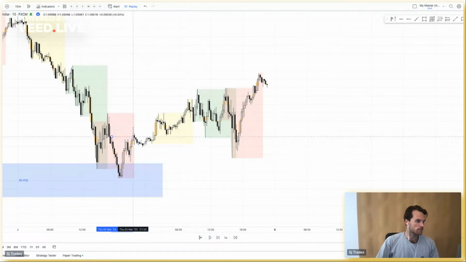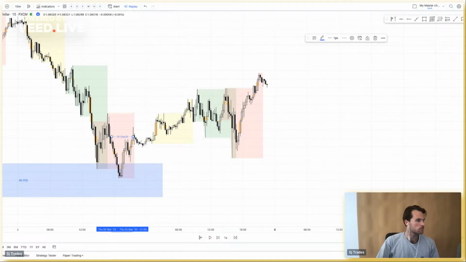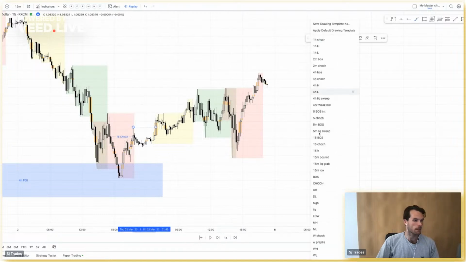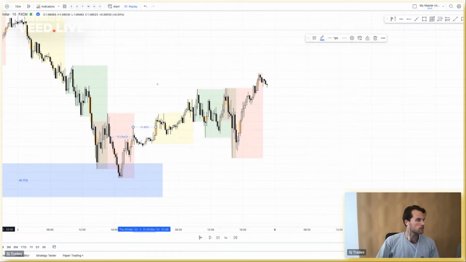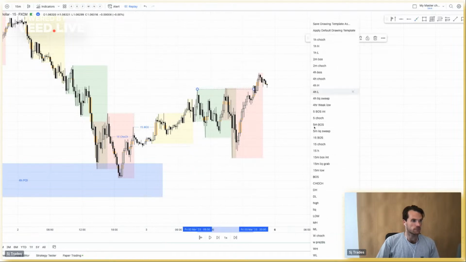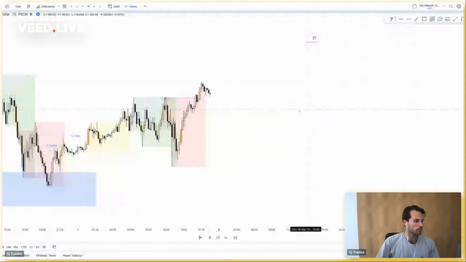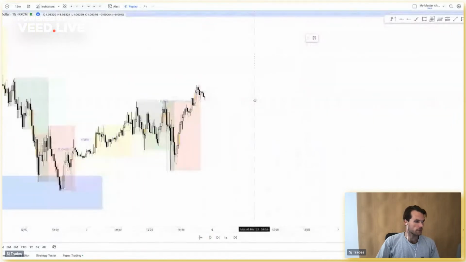We had our chalk, and we had the break of structure. And we kept moving up. Break of structure, liquidity sweep, back where we got chalk, and final break of structure. Okay. Perfect, this is where we are.